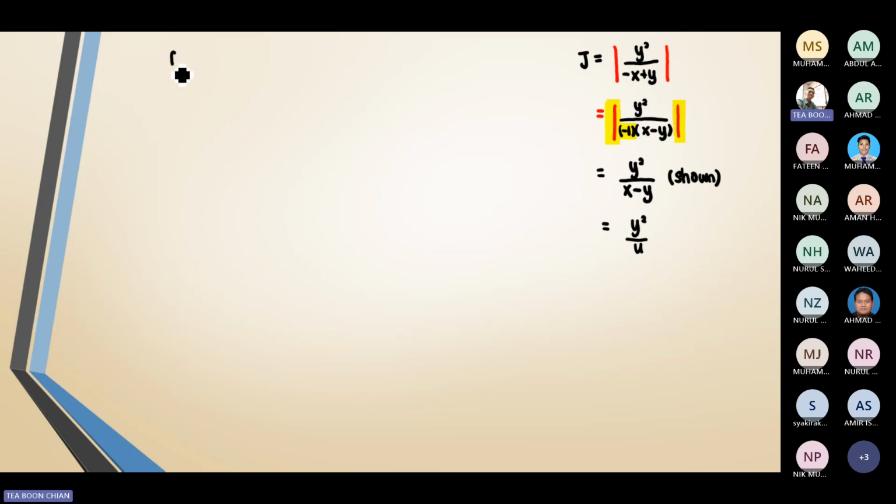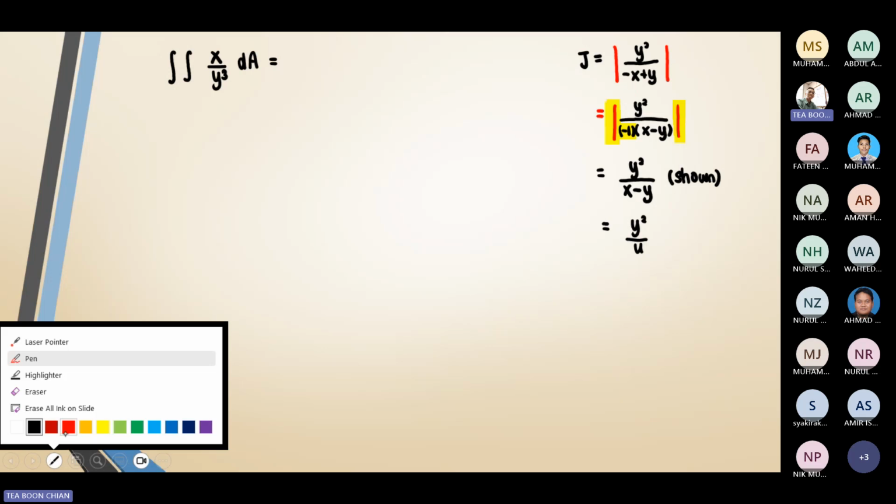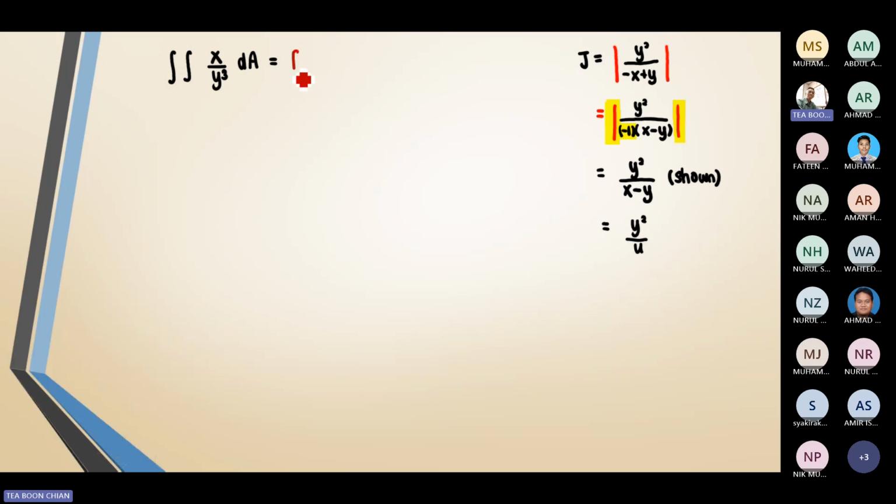So now, double integral x over y power 3 dA. Under UV transformation, we will make it into du dv. That is open two integrals, followed by the Jacobian, here y squared over u du dv.